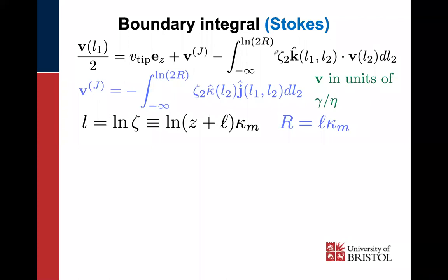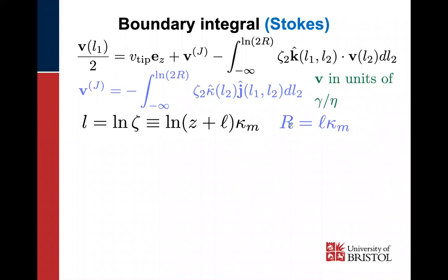And the other important manipulation I've done is, since I expect the slope to change very slowly on a logarithmic scale, I transformed into logarithmic variables, L. So L is now the logarithm of zeta, where zeta is the non-dimensional distance from the tip.